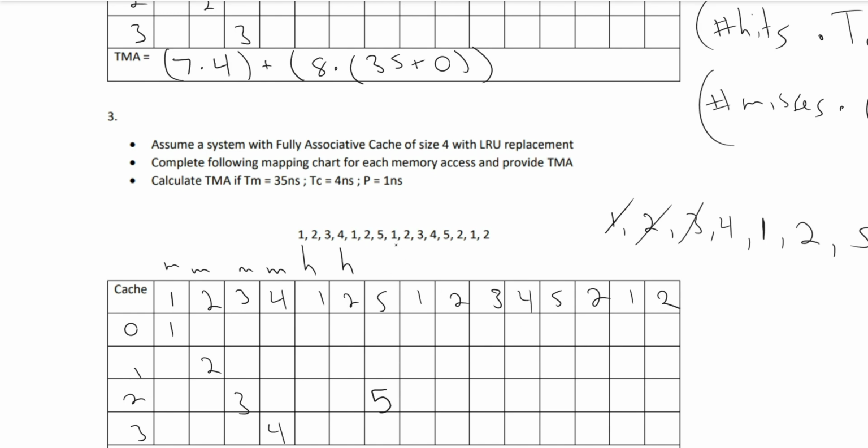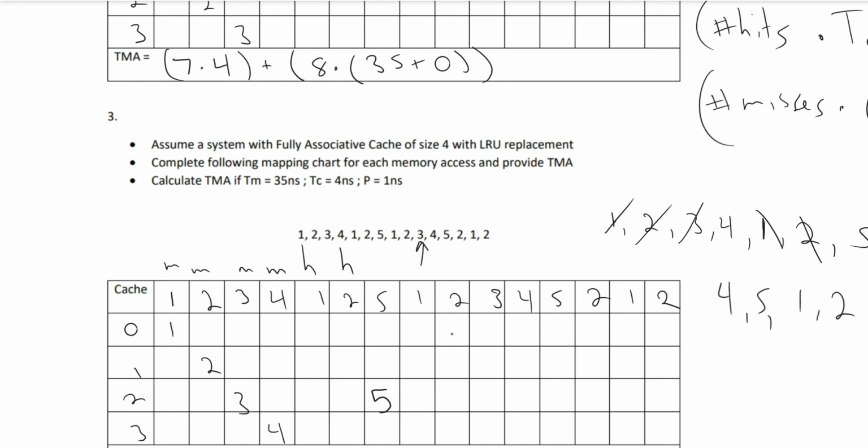So then after that, it's a 1 again. So we can cross out this 1 and then put it in the front here. Same thing with the 2 for this one. Cross out 2 and put the 2 in the front here. So this is getting kind of messy, but right now it's 4, 5, 1, and 2.